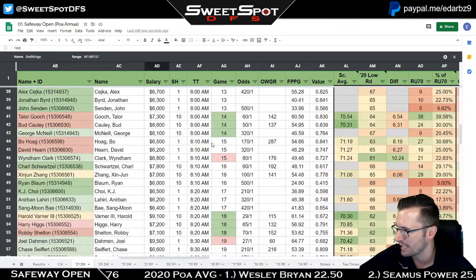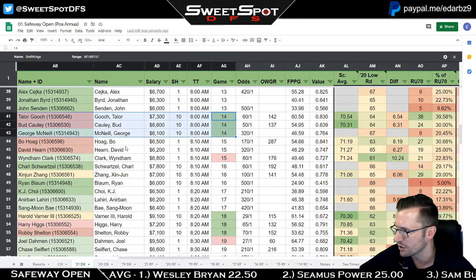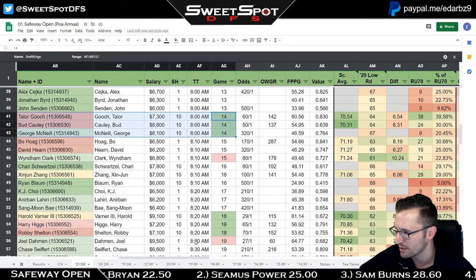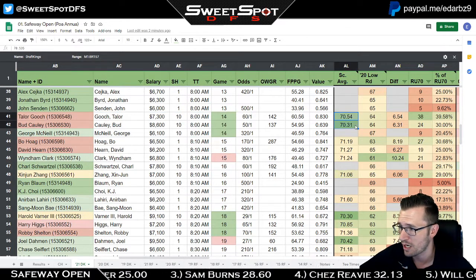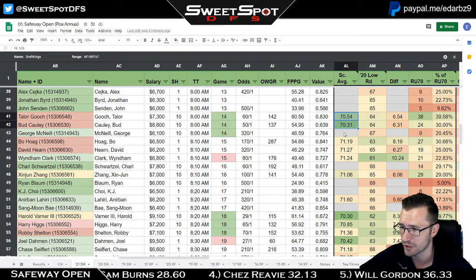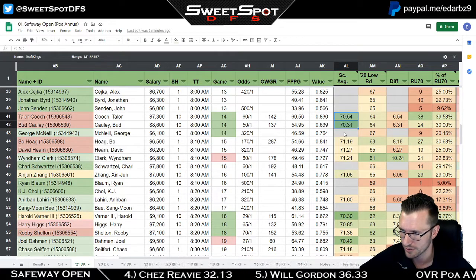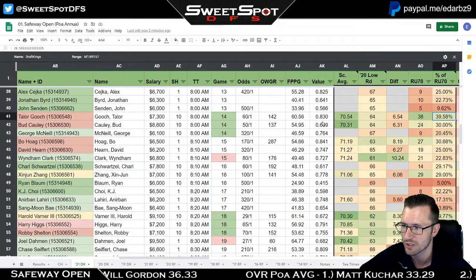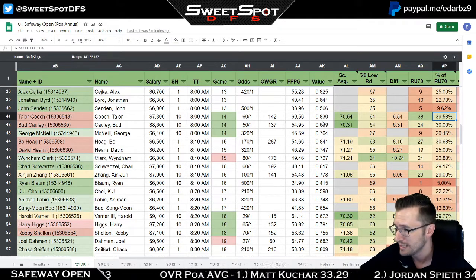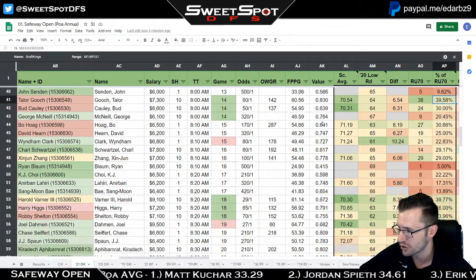Scrolling down, I like this group here of Talor Gooch, Bud Cauley, and George McNeill. I don't so much care for the George McNeill part, but Gooch and Cauley have some of the lowest scoring averages in a group together. So it's pretty good. And Gooch actually has a really good percentage of his rounds under 70. So definitely worth the consideration for sure.